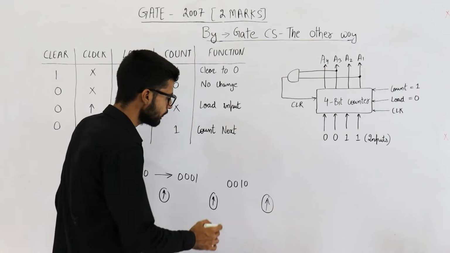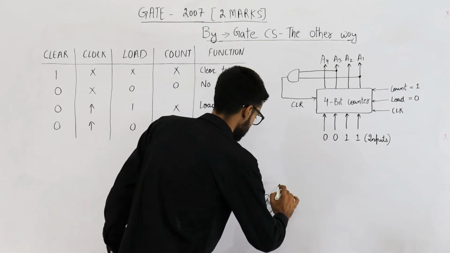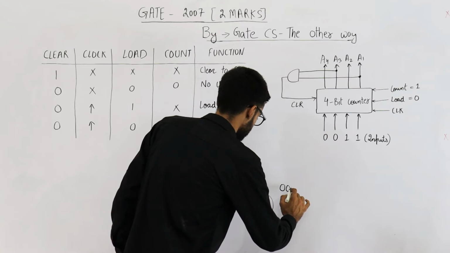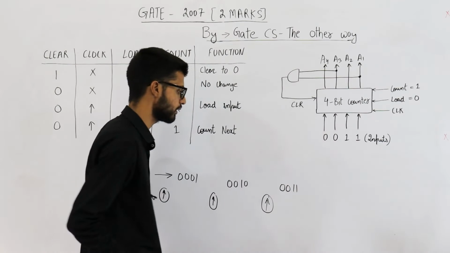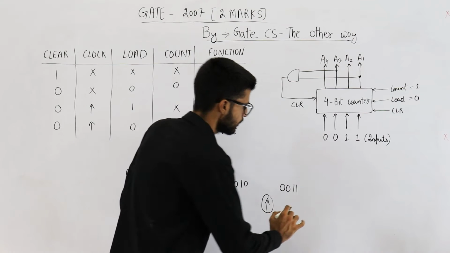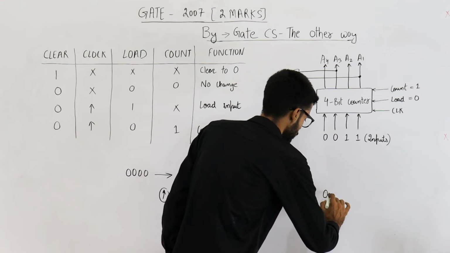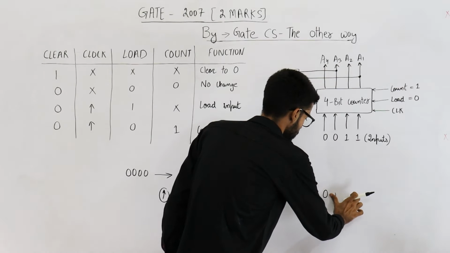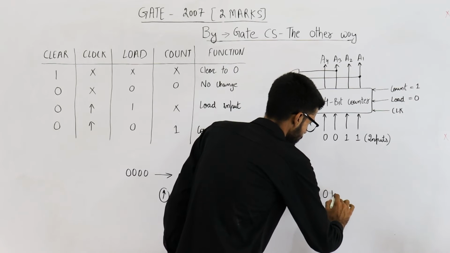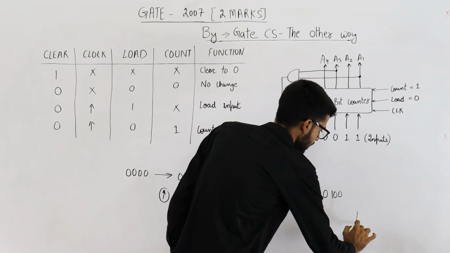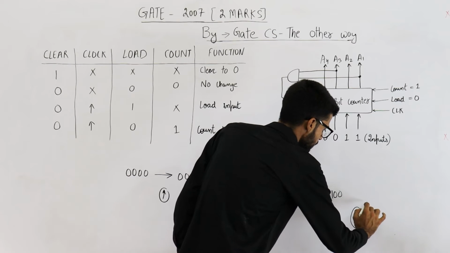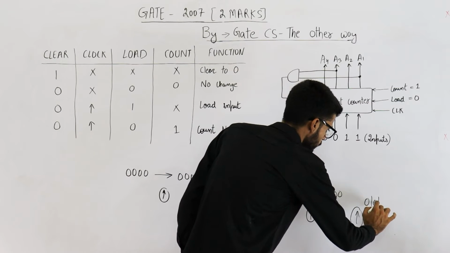So after 2, it will be 0, 0, 1, 1, which is 3. Similarly, upon seeing next positive edge of clock, the state will be, sorry, it is 4. That means 0, 1, 0, 0. Then next state will be 0, 1, 0, 1.